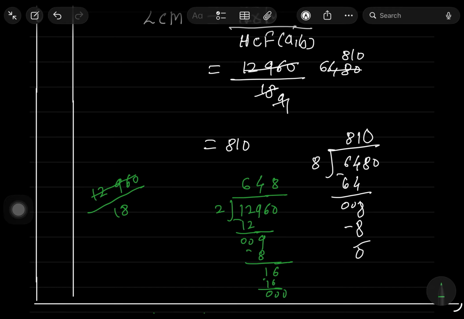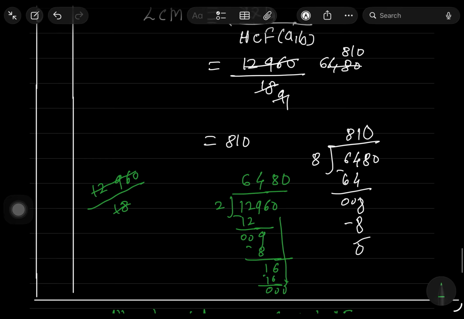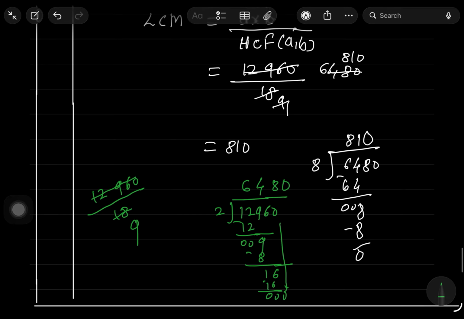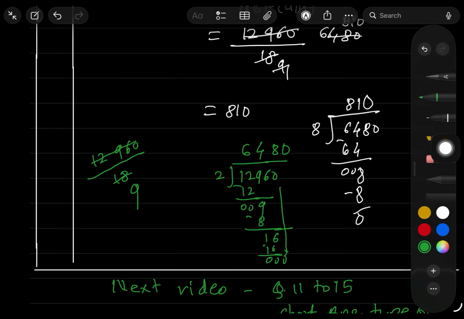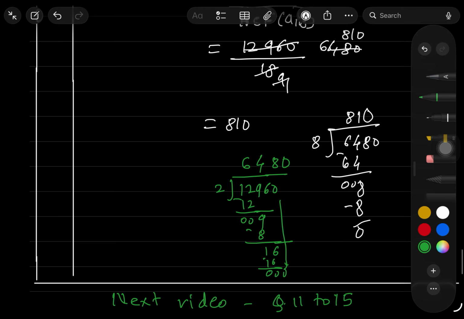Here 0 remains, so you have to put the 0. And here 9 will come. This number 6,480 is already written, divided by 9. So you can do the division again.